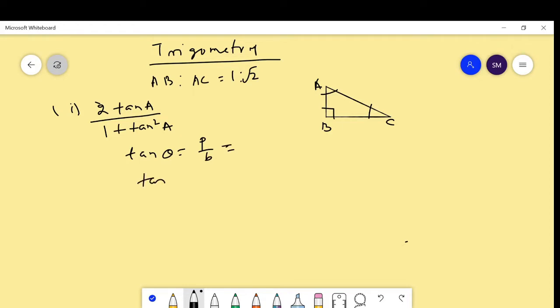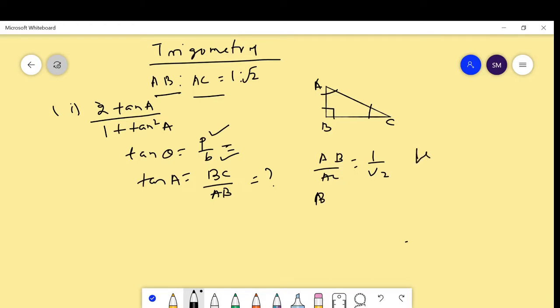Here tan A is equal to BC upon AB, perpendicular upon base. Here AB to AC is in the ratio 1 is to root 2, AB upon AC is equal to 1 upon root 2. Then by using Pythagoras theorem we can find BC.